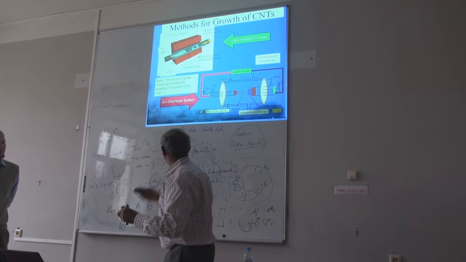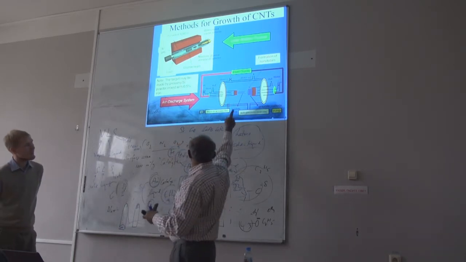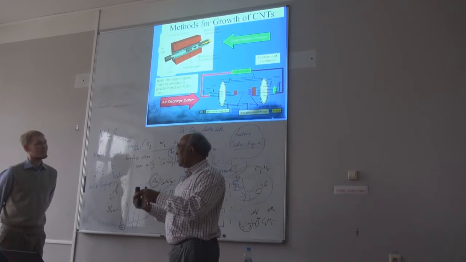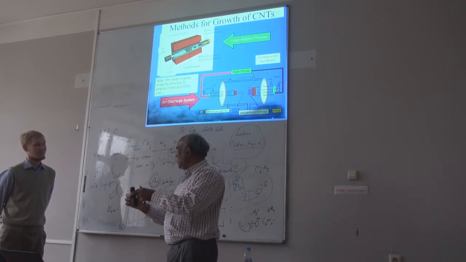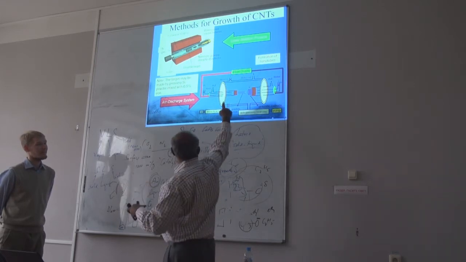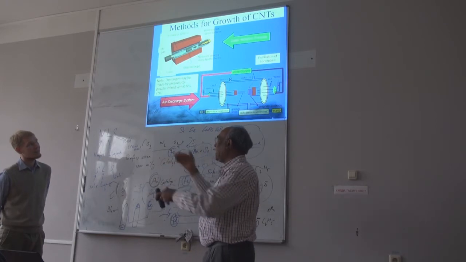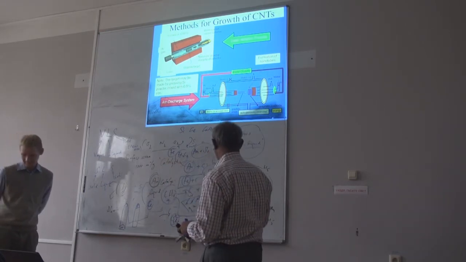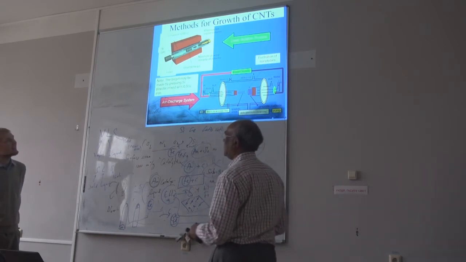Then you bring them closer and apply very large voltages. Then it arcs. When it arcs, it consumes one electrode. Then on the outside wall, everywhere, you can collect nanotubes. This one you can make in large quantities from this reactor.